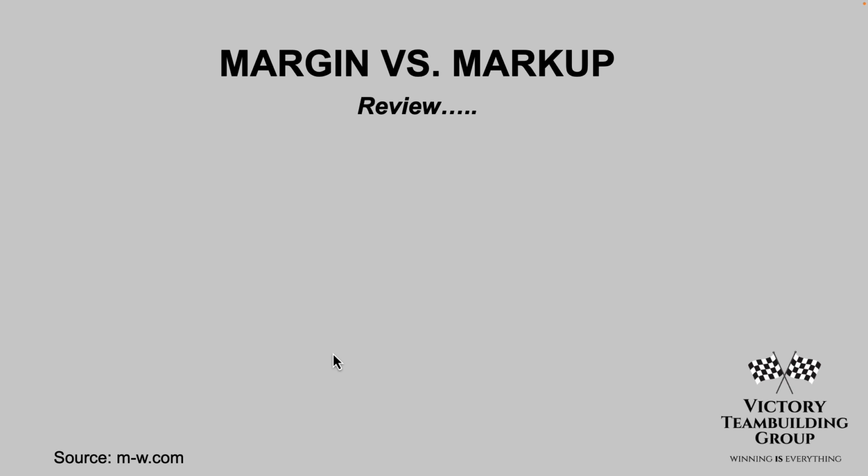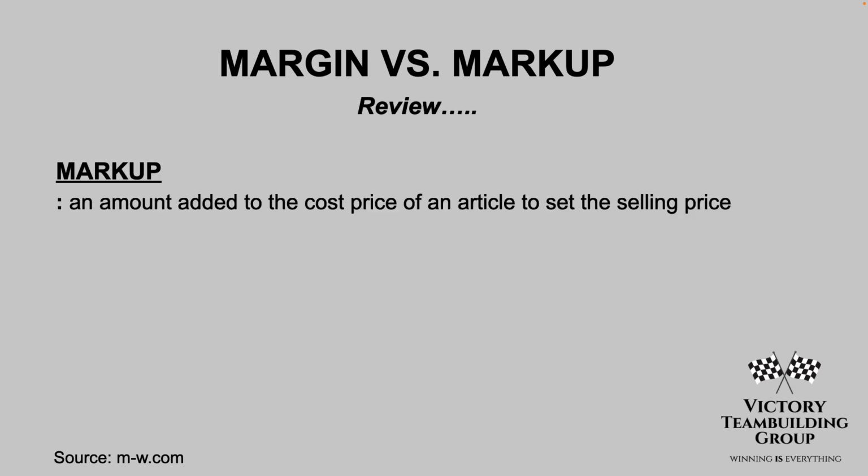Okay, so as a recap, markup is the amount added to the cost price of an article to set the selling price. So we do a $20 markup on our towing bills. You could figure that out as a percentage. We mark up our towing bills 10%, or you could do it as a dollar amount.